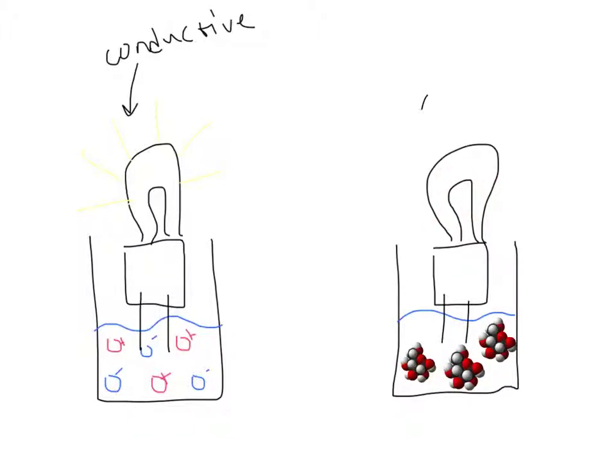And so we can say that it's not conductive. In other words, when molecular compounds are dissolved in water, they don't allow electricity to pass through for the most part. And so we consider them non-conductive. And so those are three fundamental differences between ionic compounds and molecular compounds.